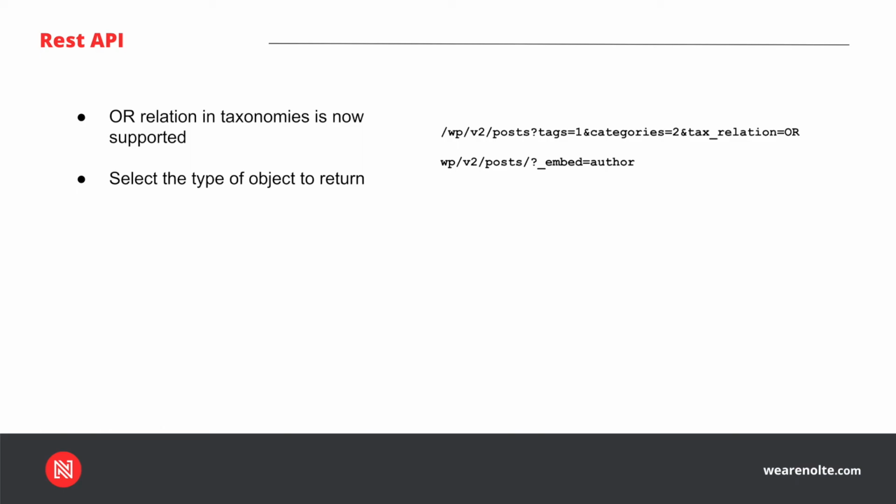And now you can return the information of a post or multiple posts by selecting what information you want to return. You can now specify what type of object to return. For example, for a post, you would like to return only the author information. You can now do that.